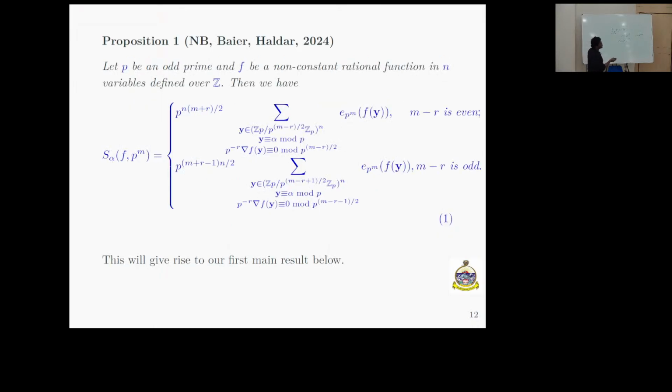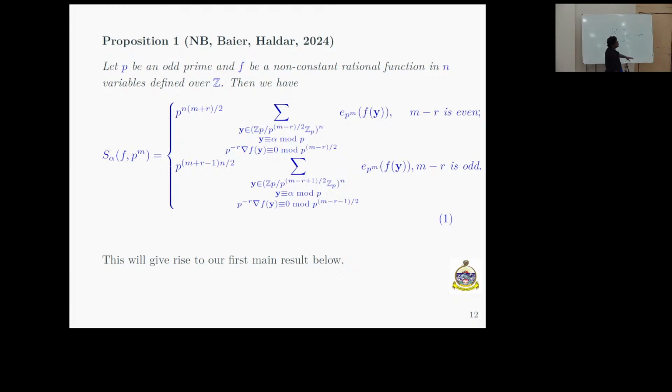And then this is one result which was recently proved with Professor Stephen Baer and his student Anup. We can simplify this sum a little bit. How? Suppose you are taking an odd prime and f a non-constant rational function in n variables defined over Z. Then we can simplify a little bit by reducing this Z over p to the power m to up to some r.